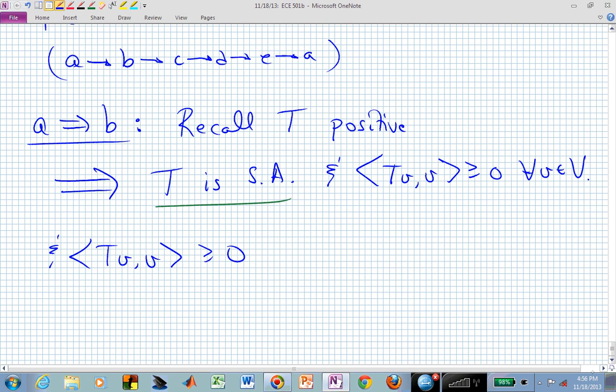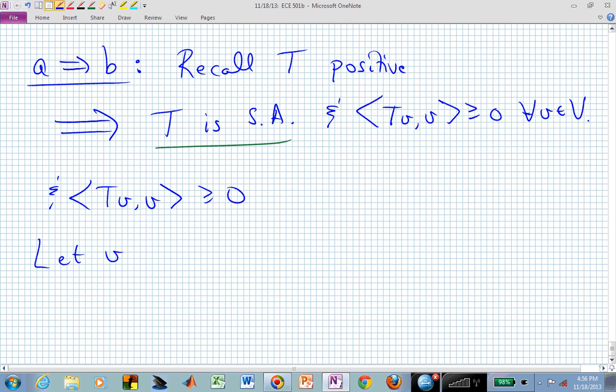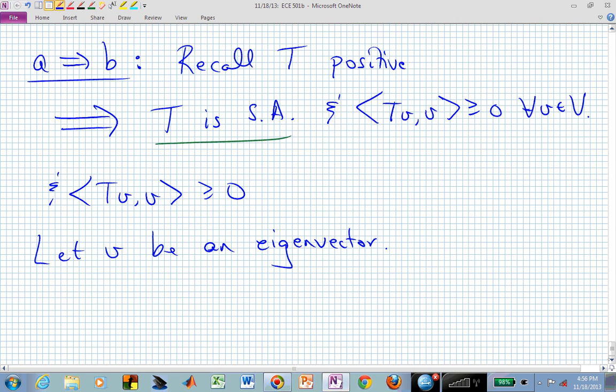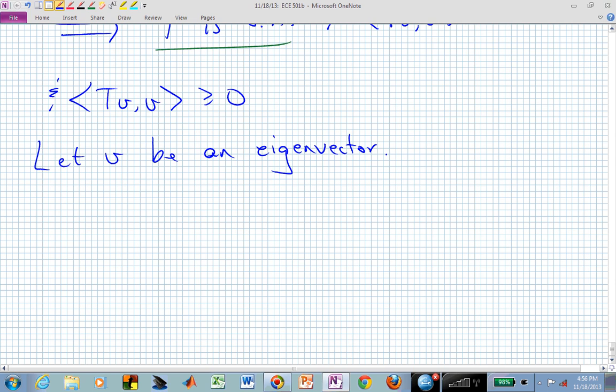We're given that because of it being a positive operator. But now let V be a special vector. It's true for all vectors, but let V be an eigenvector. Since it holds true for all vectors, let's look at an eigenvector and see if we can get a result, because we're trying to show that all the eigenvalues are non-negative.